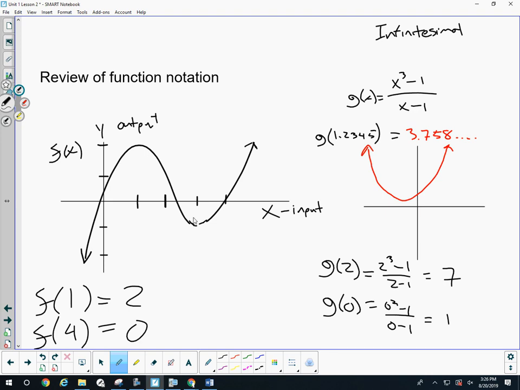So at 3, we are missing a pixel, and I'm exaggerating it by providing an open circle there. And this open circle says there is no function value associated with an input of 3. Take 3, plug it into F, and you get nothing. Either blank space or what we'll call undefined. If you ever just get nothing, you get undefined.